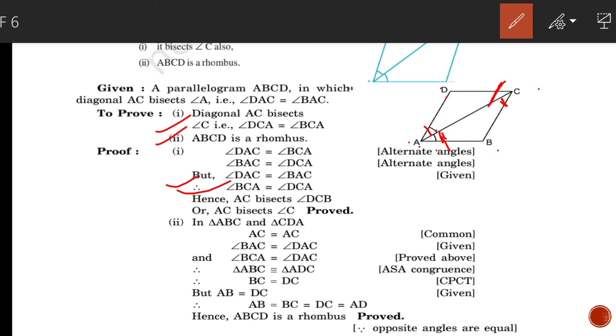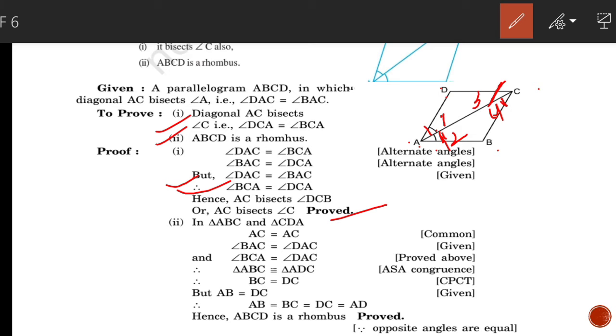Since angle 1 and angle 2 are equal, angle 3 and angle 4 are also equal to each other. Since angles 3 and 4 are equal, the line AC also bisects angle C, that is, AC also bisects angle DCB. So our first one is proved.